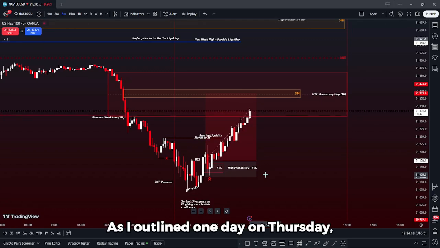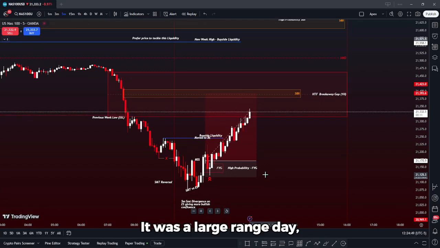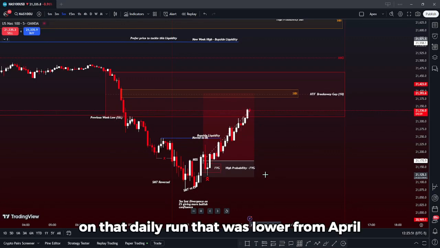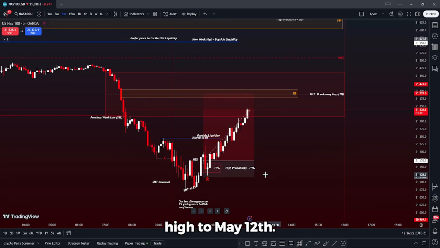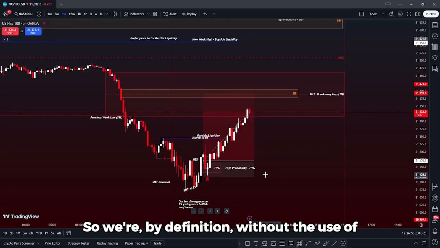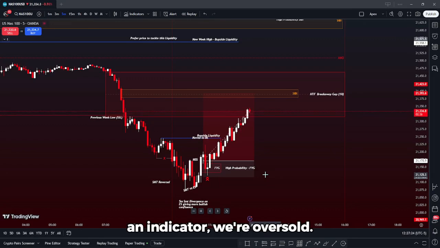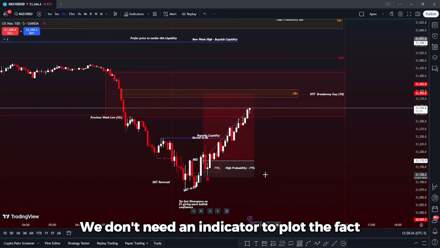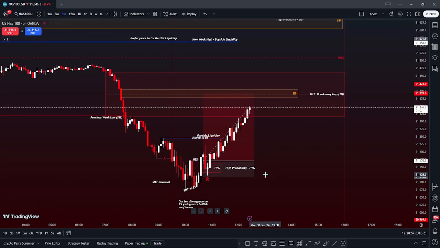As I outlined Monday on Thursday, it was a large range day, and we're near the end of the range on that daily run. It was lower from April high to May 12th. So, by definition, without the use of an indicator, we're oversold. We don't need an indicator to plot the fact that we're oversold. The market's really suppressed, pulled down low.